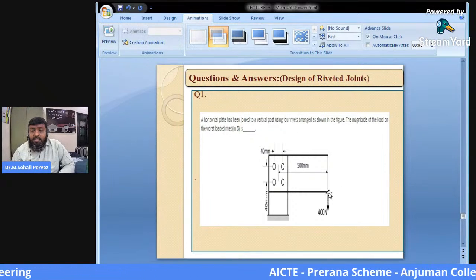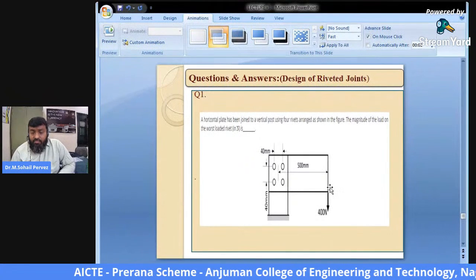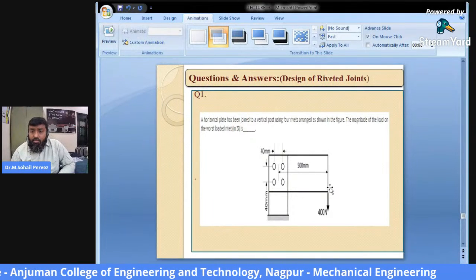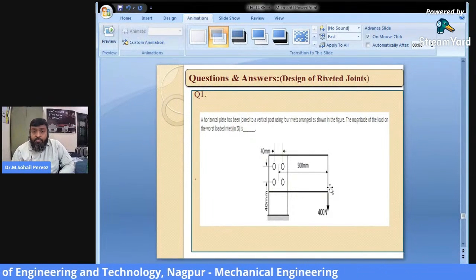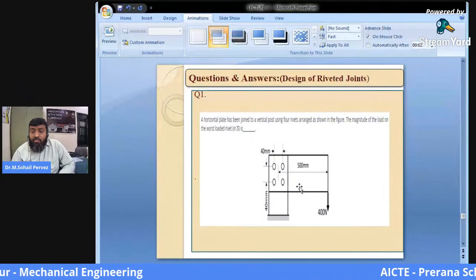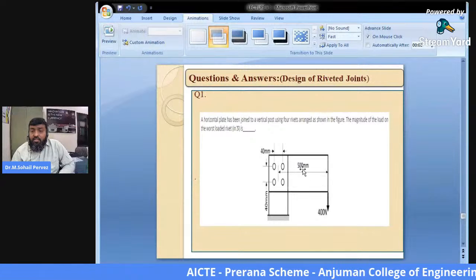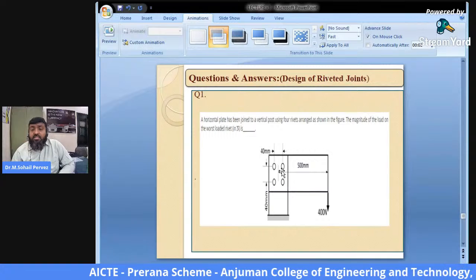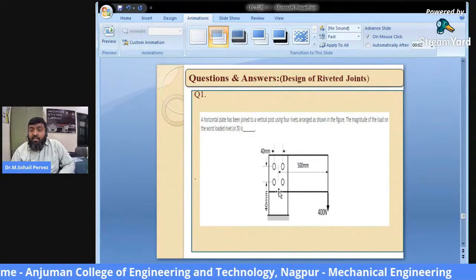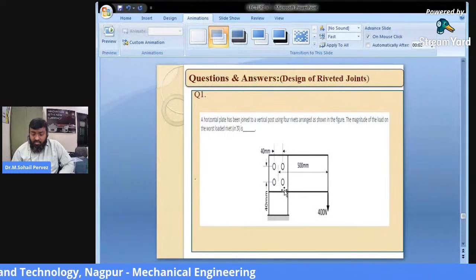This type of problem is nothing but riveted joints subjected to eccentric loading in the plane of bolts. Here the load applied P is 400 Newton, the eccentricity of the riveted structure is 500 mm, and the distances between the rivets are 40 mm.